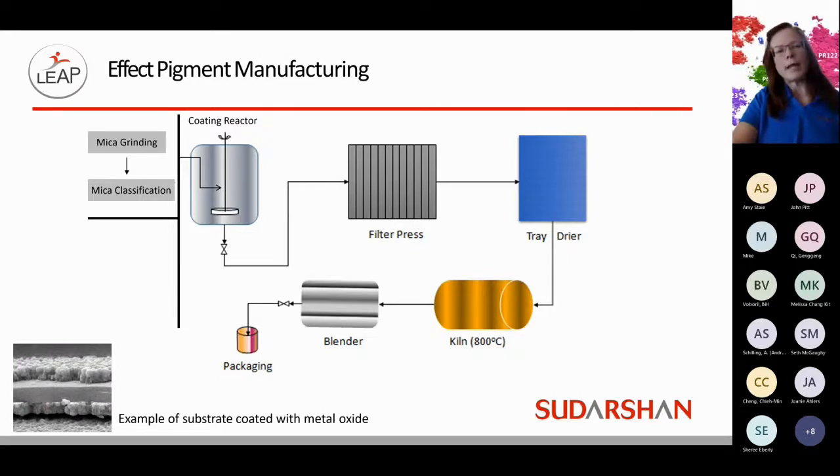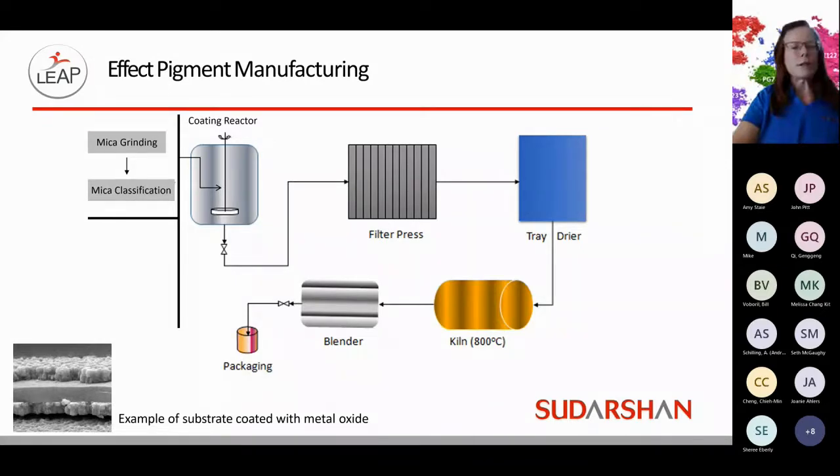As I mentioned, then it gets coated in the reactor. It is then filtered and washed. It is dried, and then it goes into the kiln to convert the metal salt to the metal oxide. And then each of those batches are QC'd and blended to create the final lot, and it's then packaged.